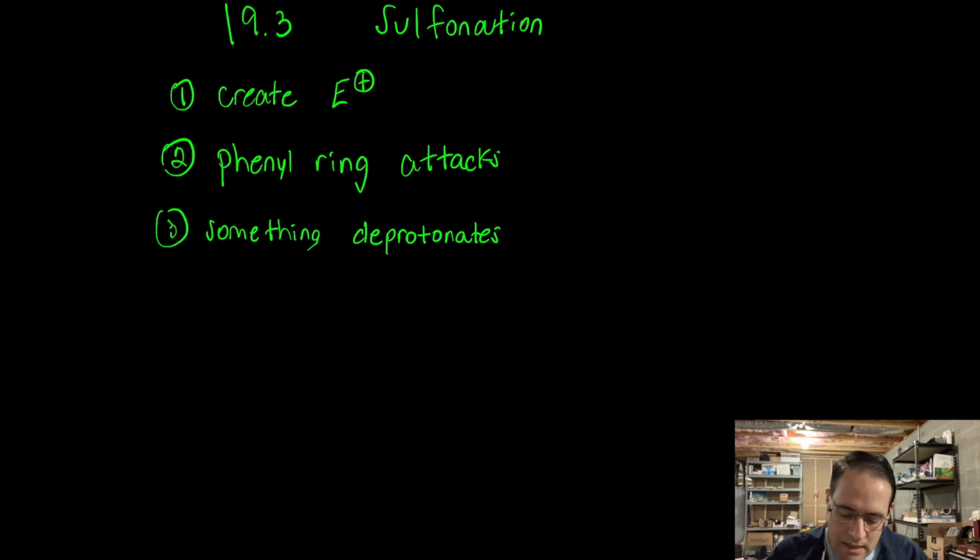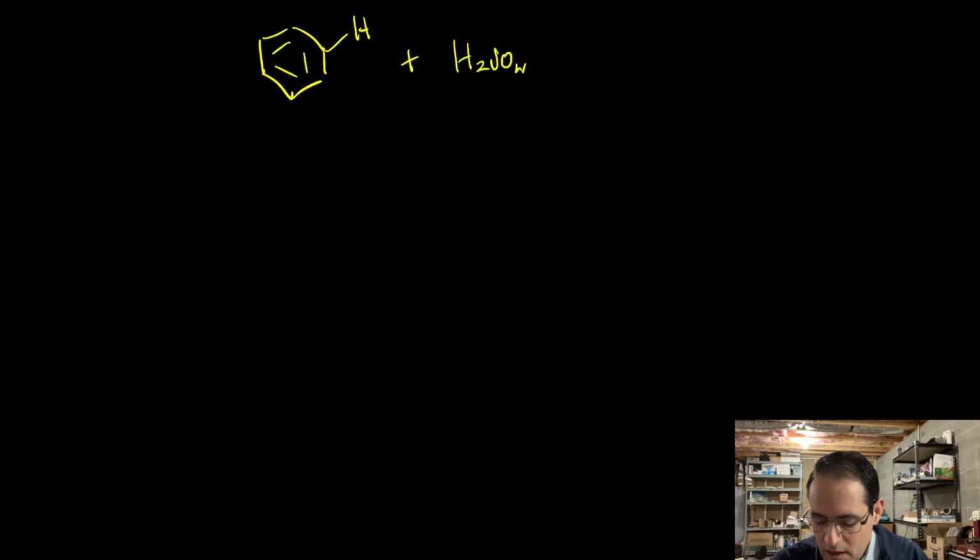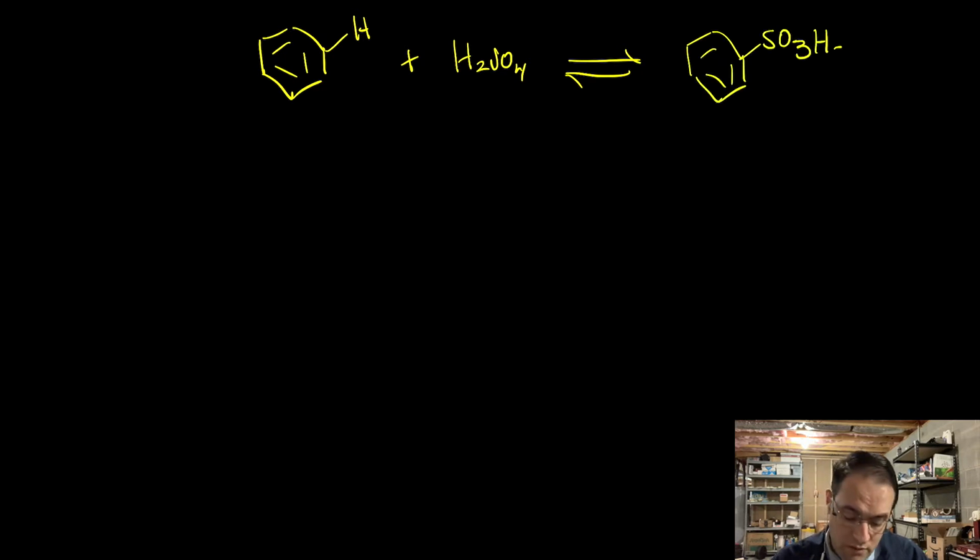Now, this reaction is an equilibrium reaction. What that means is, if you have benzene like this, and I'll just draw the H here, and we add fuming sulfuric acid, so I'll put H2SO4 in here, this is in equilibrium with benzene sulfonic acid. So, two points.